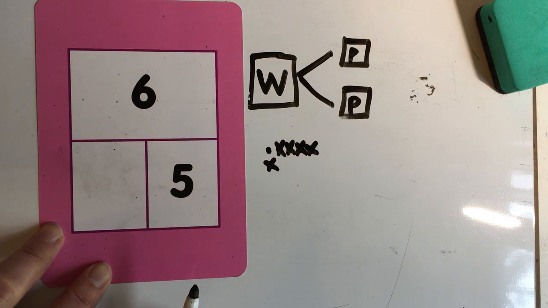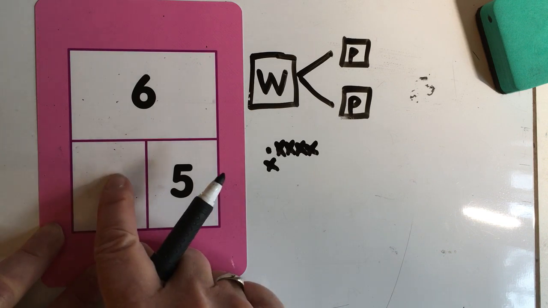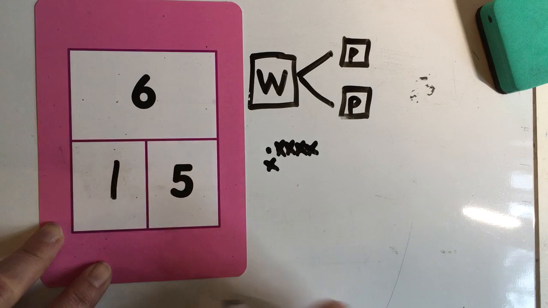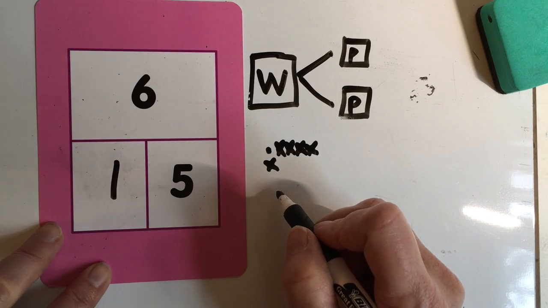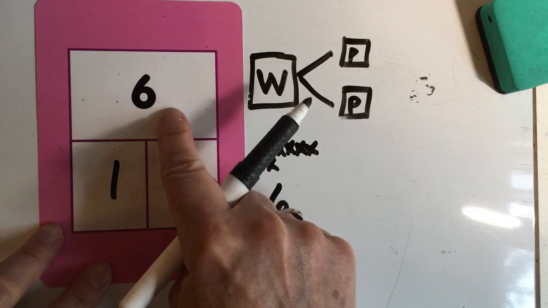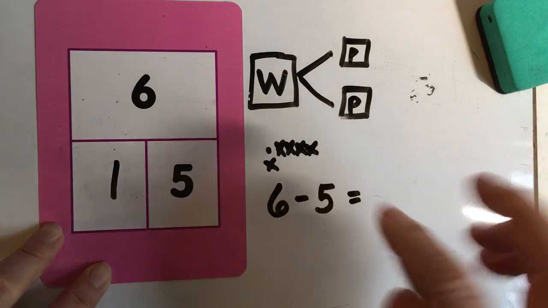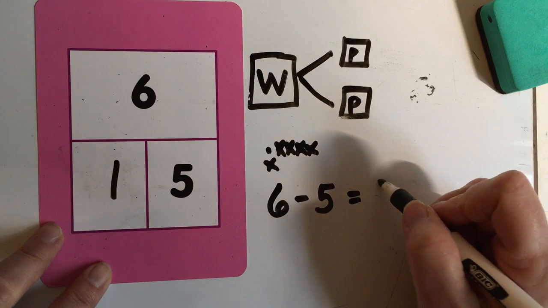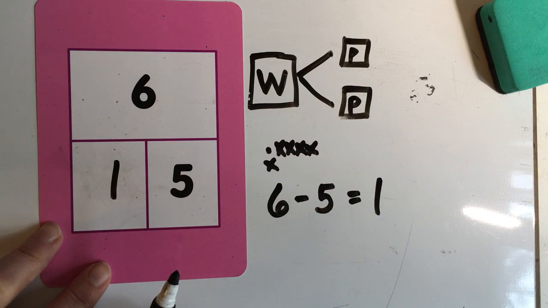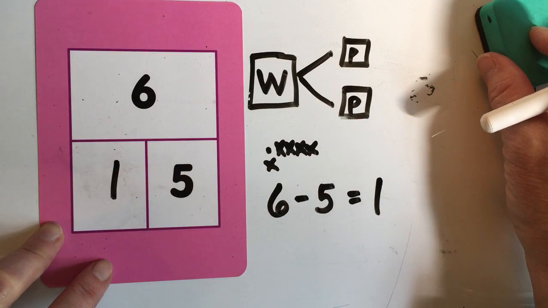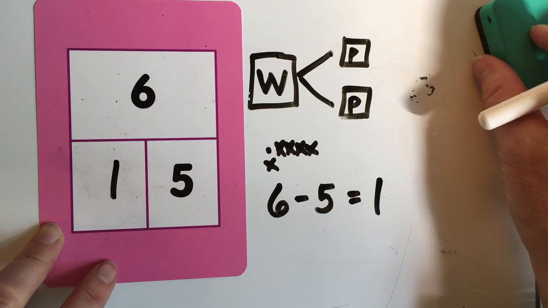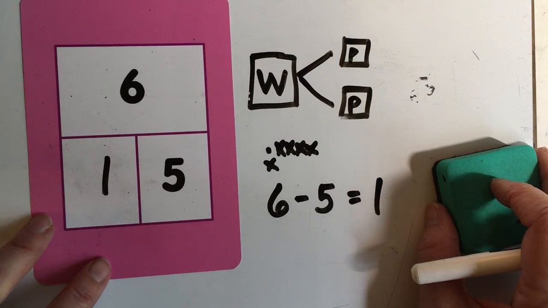Take away 5. And that equals, yep. So what number would I write right here? Yep. And can you say this number sentence for me? The whole minus this part equals this part. Good work, good thinking. Mathematicians all around, good job.